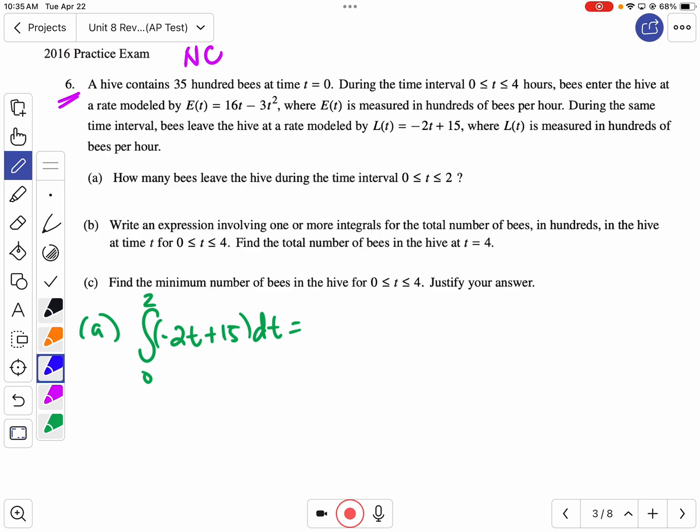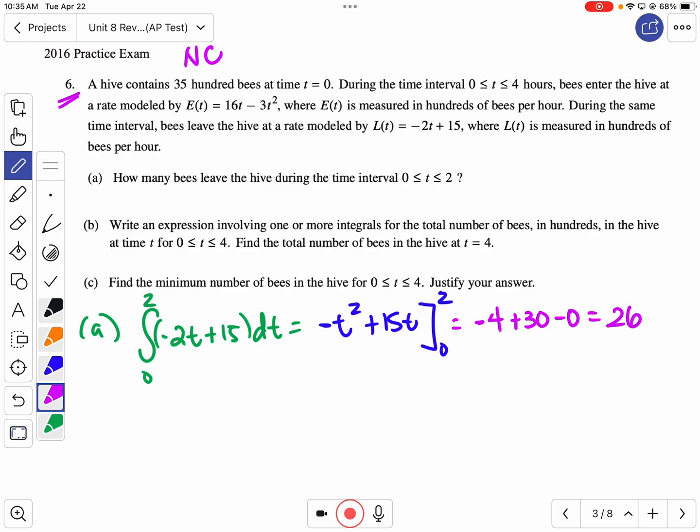So if we integrate, negative 2t would give me negative t squared plus 15t. We're going to evaluate from 0 to 2 and plug in our stuff. So I'd get negative 4 plus 30 minus 0. Now this is where it's going to be important. It's 26.